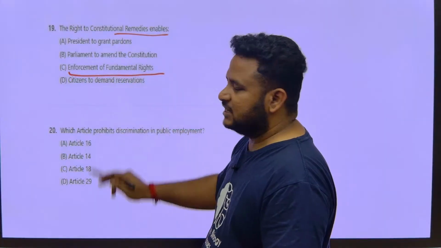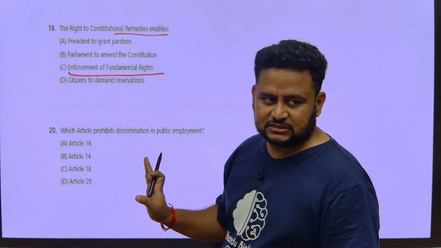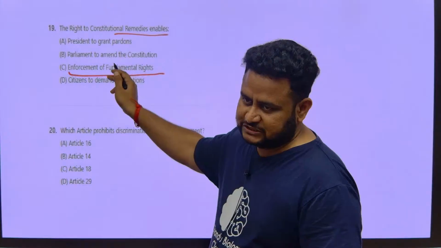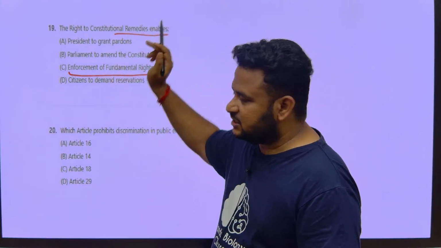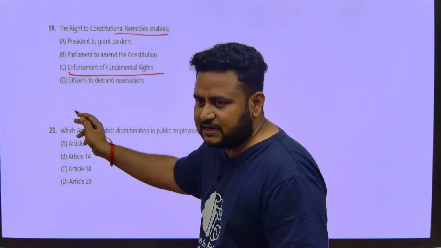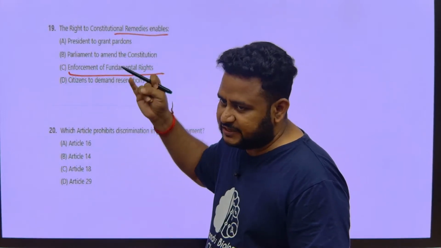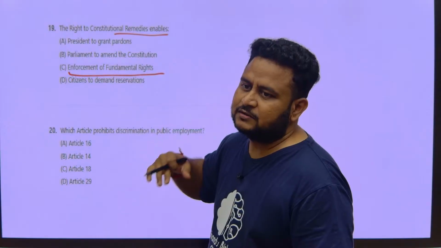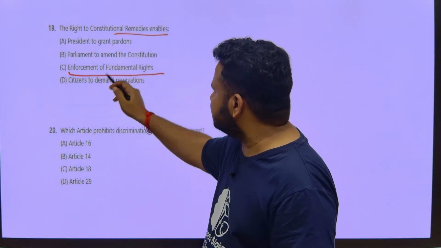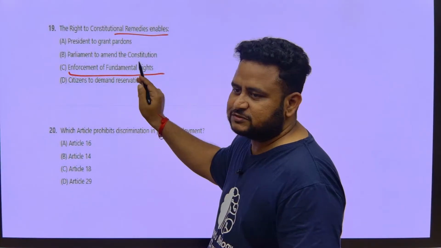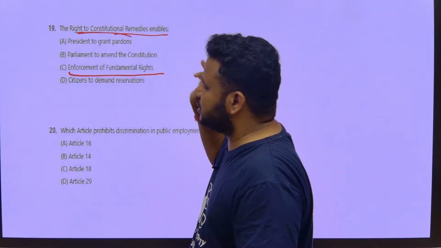The answer is enforcement of fundamental rights. They can say justifiability or enforcement of fundamental rights. When I talk about DPSP and preamble, there is no enforcement or justifiability. When I talk about fundamental rights, it is enforcement, which is the right to constitutional remedies.